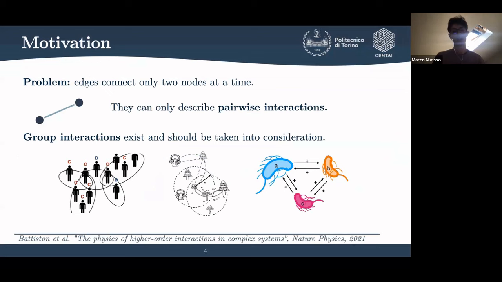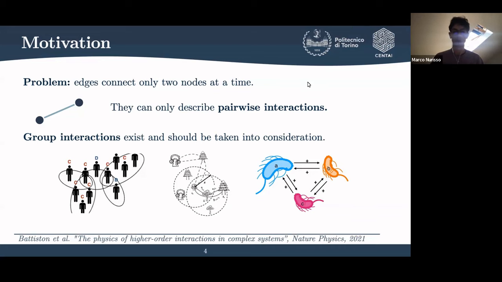If you want to describe a system of interacting agents, the nodes, using a network, you can only describe interactions where two of these nodes interact at the same time. But there are many real-world systems where this is an approximation at best, and where group interactions, which involve more than two nodes at a time, are actually relevant.